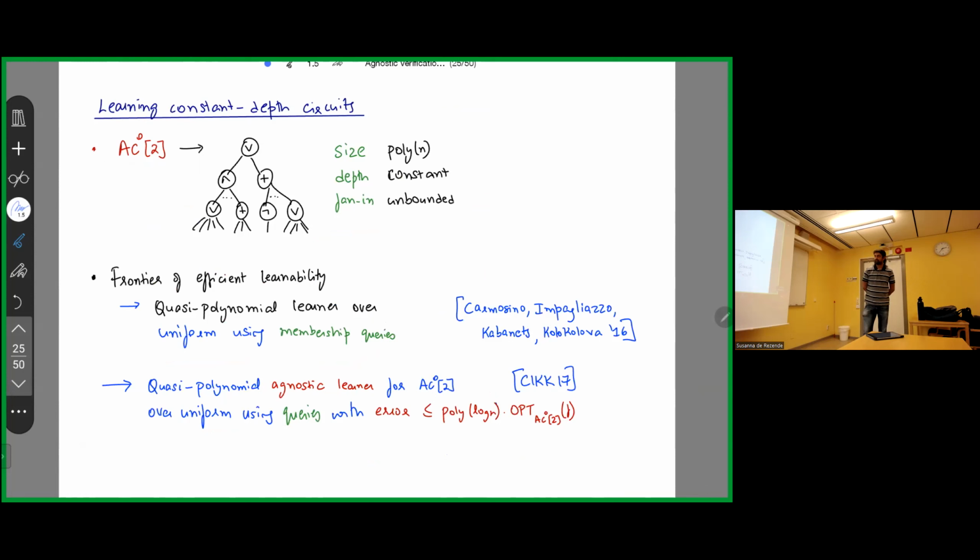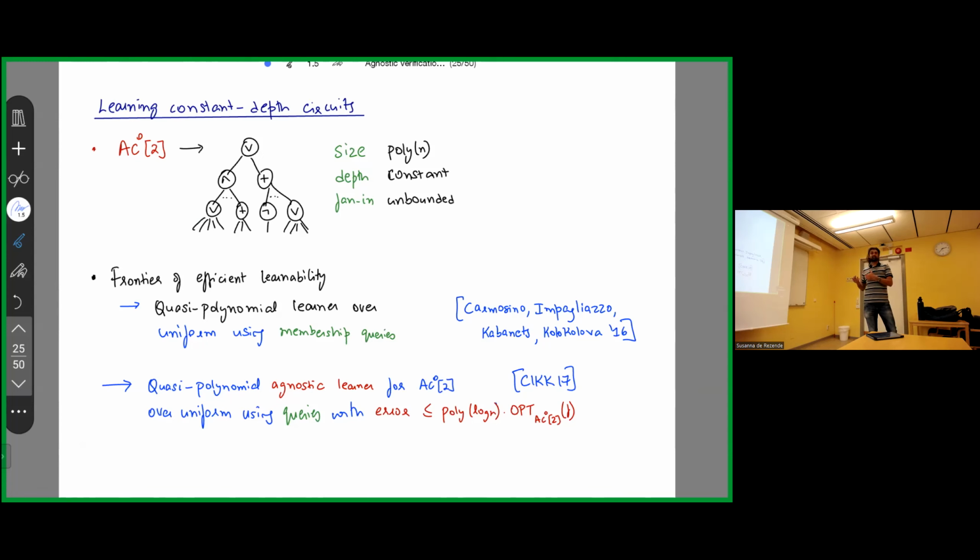So now next we talk about learning constant depth circuits, and here we focus on AC0 parity circuits, which are polynomial size, constant depth, unbounded fan-in circuits with AND, OR, and parity gates. These form the frontier of efficient learnability. Carmosino, Impagliazzo, Kabanets, and Kolokolova show a quasi-polynomial learner for AC0 parity over the uniform distribution using membership queries.